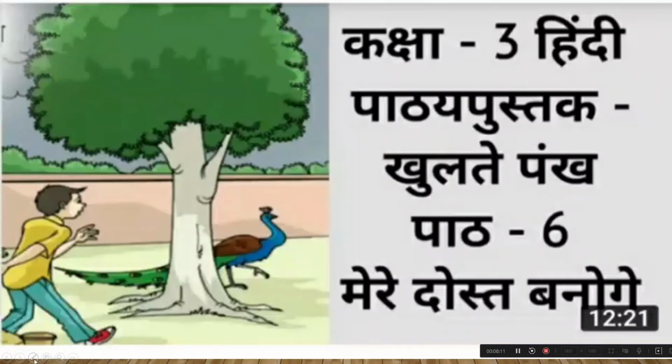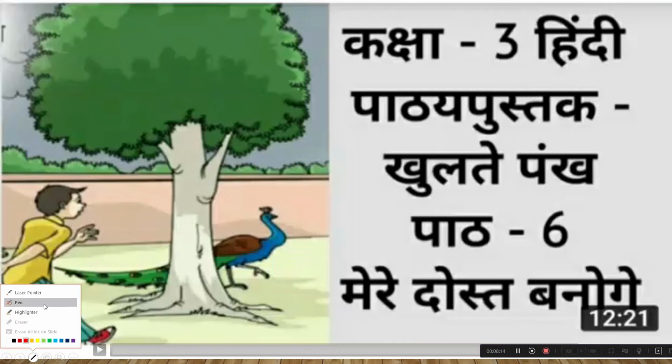And this is the pen or marker button, the laser pointer. It will look like this, and you can use this for pointing in classes. And next there is a pen.